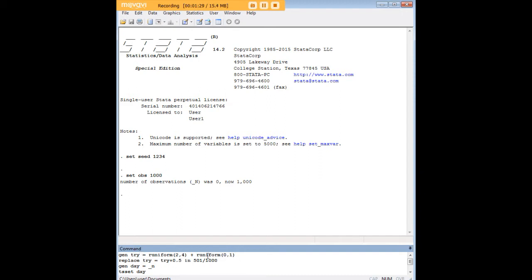I created a new variable, try, for Turkish lira, and I created an artificial breakpoint starting in observation 501, where 0.5 was added to the previously randomly generated variable in all cases. I created a new variable, day, running sequentially from 1 to 1,000. I tsset it, telling Stata that it was a time series variable. Then I did a regression, followed by the estat sbsingle command to find a structural breakpoint.